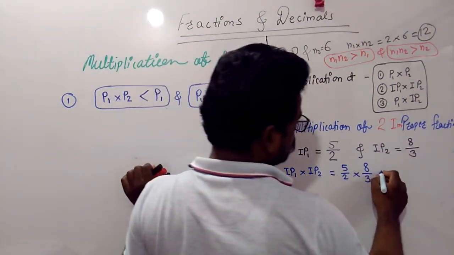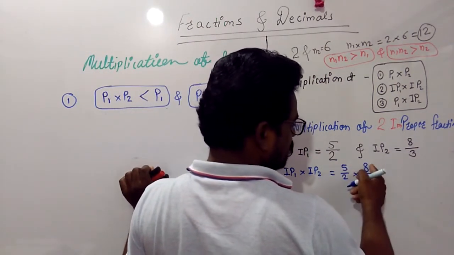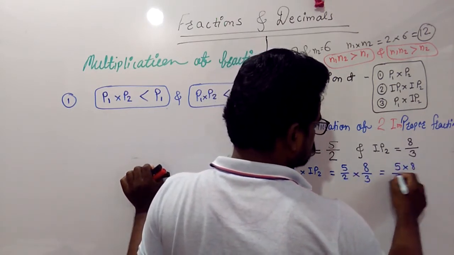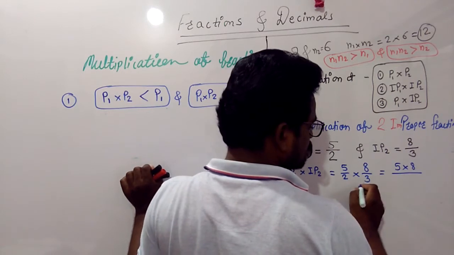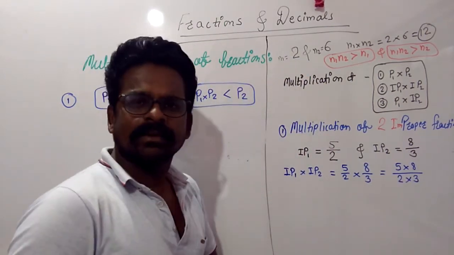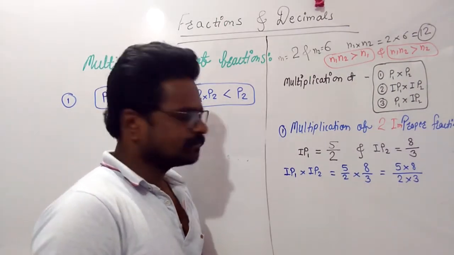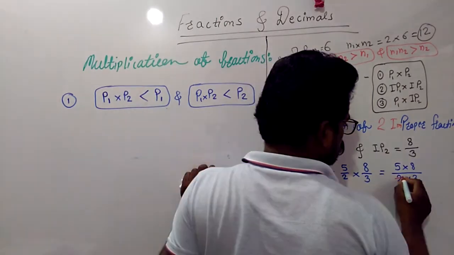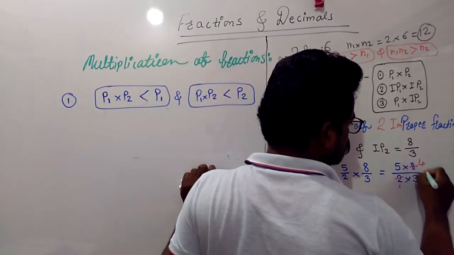How can we do the multiplication? Take the multiplication of all numerators in numerator, 5 into 8, divided by the multiplication of all denominators in denominator, 2 into 3. Is there any common factor in between numerator and denominator? Yes, there is a common factor. 2 1s are 2, 2 4s are 8.